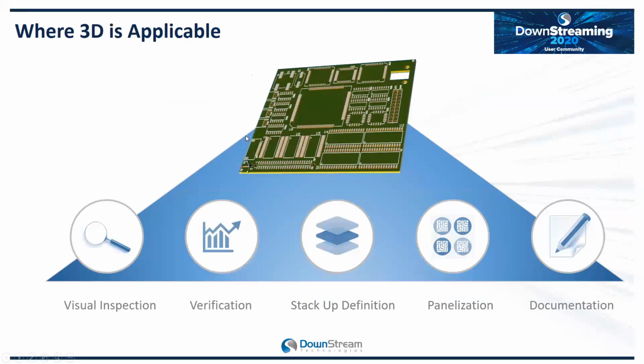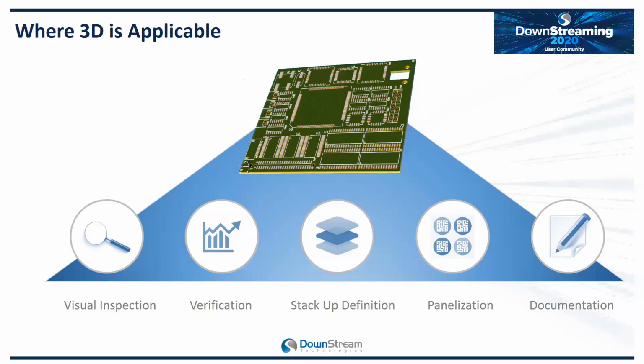So we felt that with 3D, it was applicable for a couple different reasons. One was basic visual inspection of looking at the design in a new way. We thought it had benefits as well in verification, particularly when trying to run DRC or DFM on negative planes. We felt that 3D would provide much more clarity in resolving issues that you may encounter during DFM analysis.